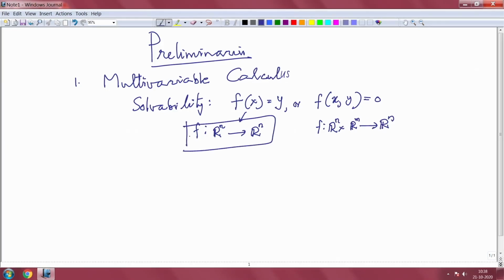Though I will be restricting myself to this kind of equations, let me also tell you that the theory you are developing can actually be used for more general cases, which I will not do, but I advise you to learn. So, you can have mappings from X to Y, where X and Y can be normed linear spaces.